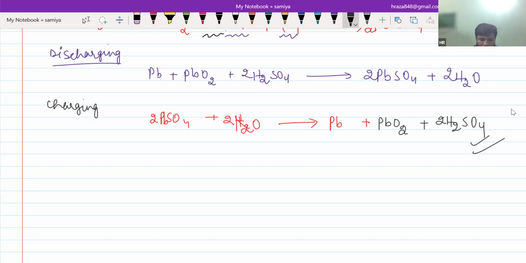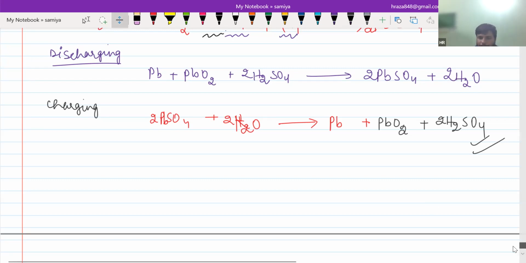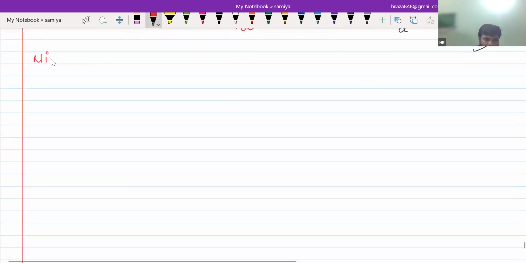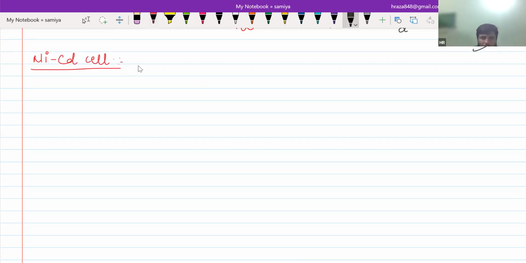Very good. Now see, we have the next secondary cell, the nickel cadmium cell. Its voltage is basically 1.2 to 1.4 volt.